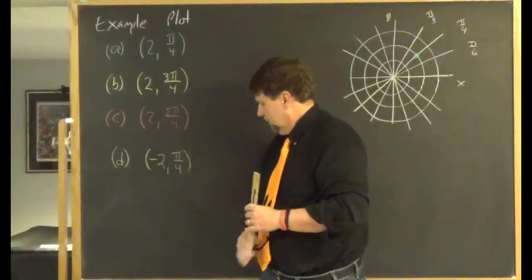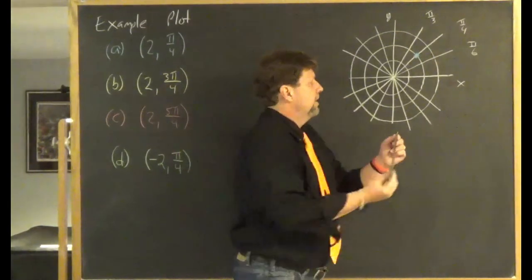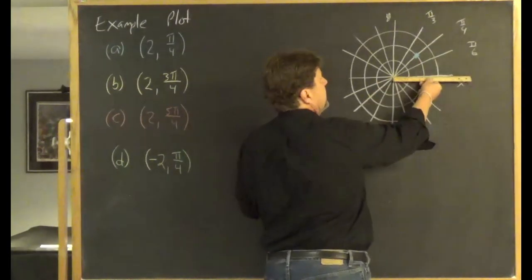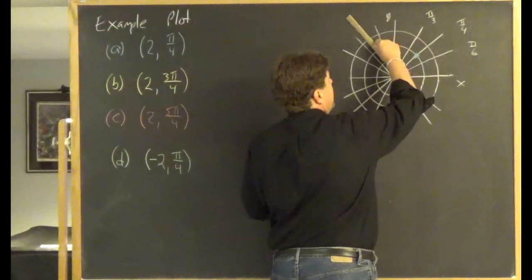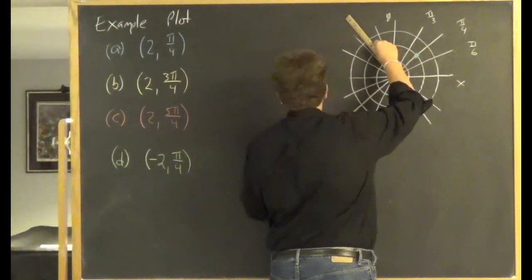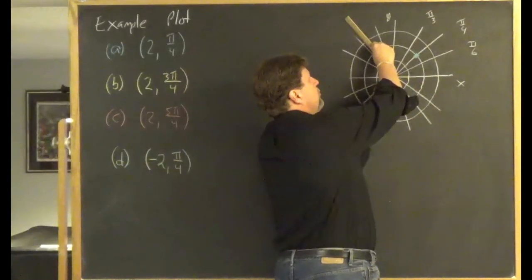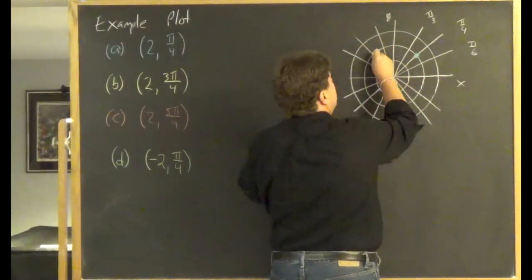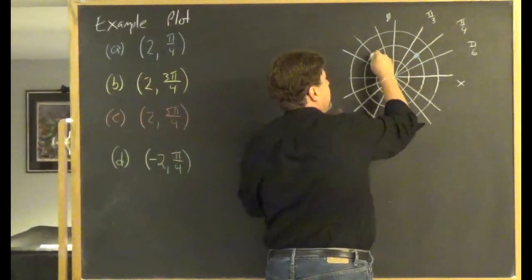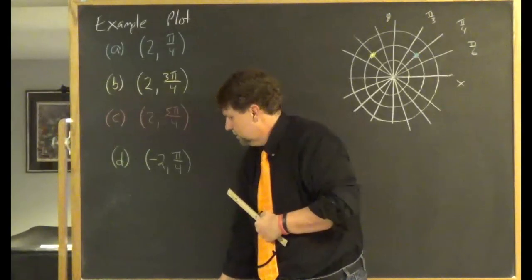For B, to plot the point (2, 3 pi over 4). So I take my polar axis and I rotate it to 3 pi over 4, which is right here. Now let's see, R is a positive 2, so I move 2 units along the polar axis. And that's the point (2, 3 pi over 4).